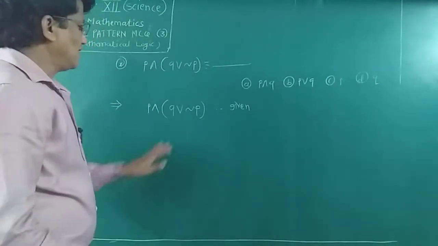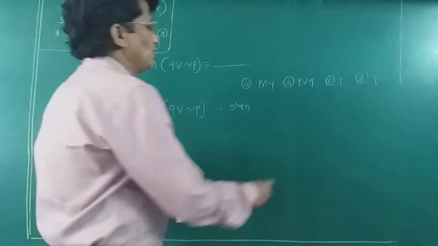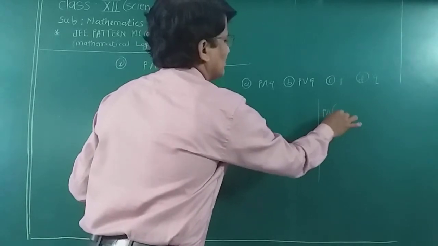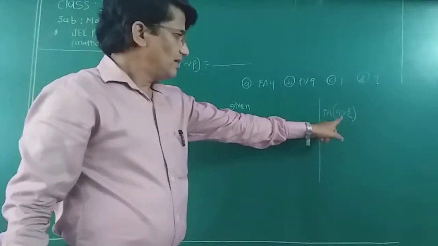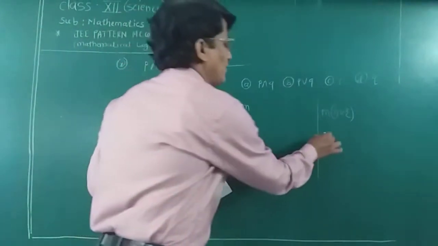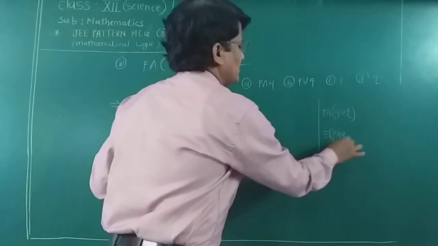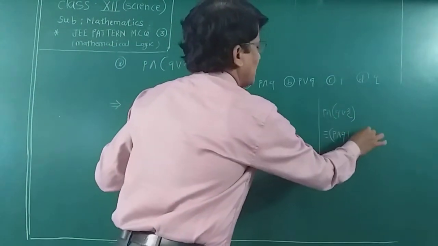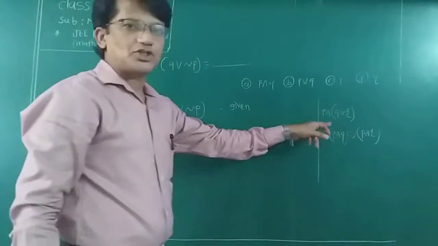Now see here, outside the bracket there is an 'and' symbol, and we know the rule for this: P and (Q or R). Outside the bracket there is an 'and', so we can form two different brackets: P and Q, this is the first bracket, and P and R, this is another bracket. This is called the distributive law.